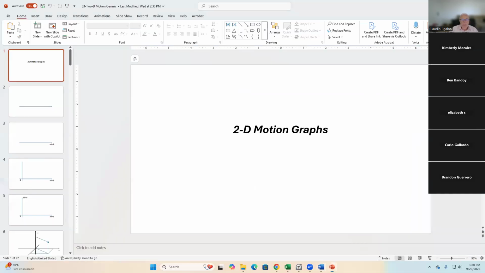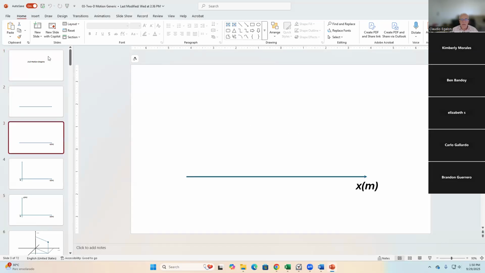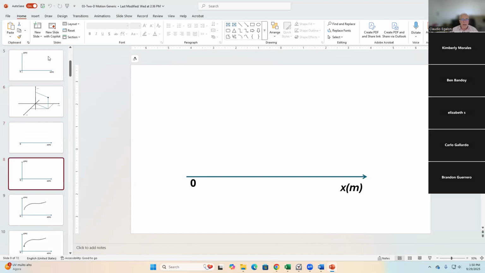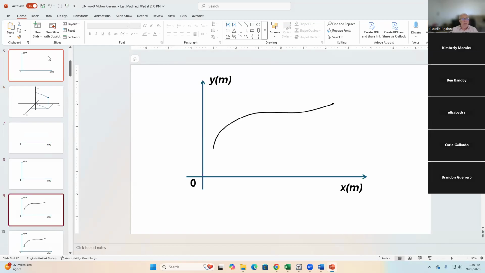Going back here to my graphs, right? Here we go. X-axis, Y-axis, origin of the X and Y axes. This is the X, Y, Z axis, the three-dimensional representation of three-dimensional space. But let's go back to the two-dimensional space. We have X again, Y. Here's the path of the object.